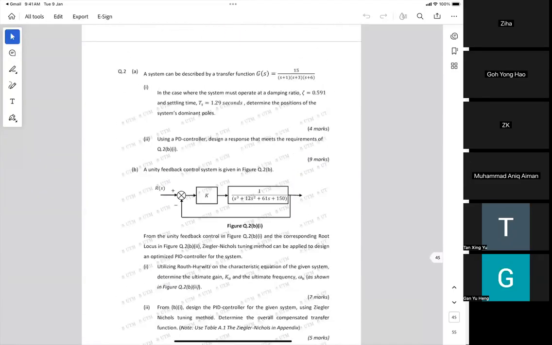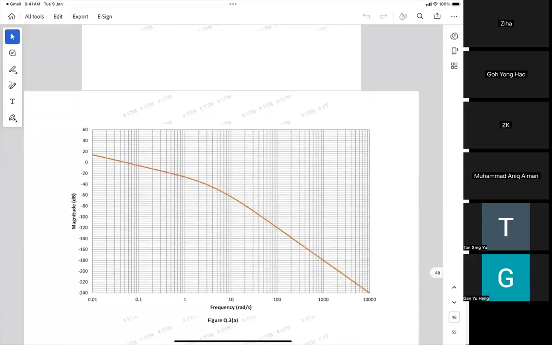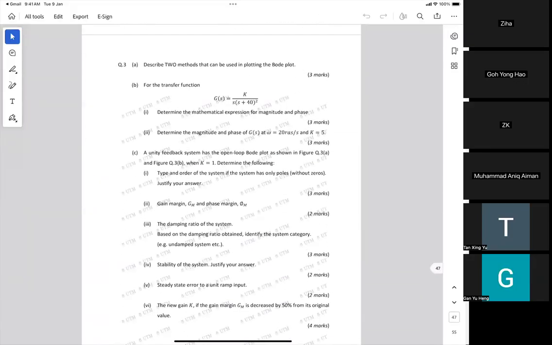Okay, this one. Mathematical expressions, meaning that you have to somehow derive.